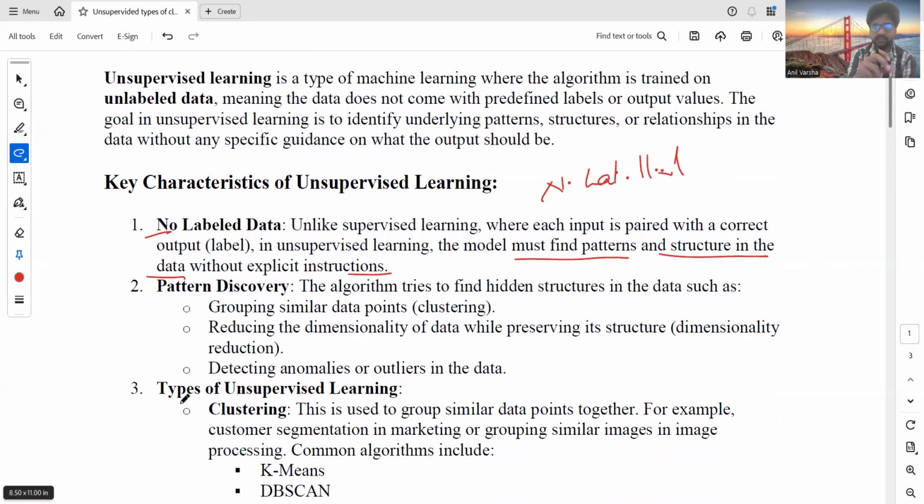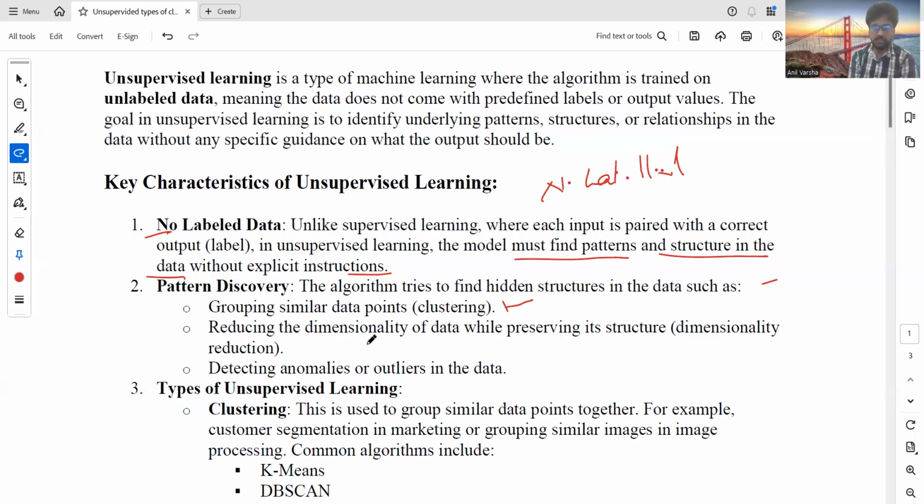The algorithm tries to find a hidden structure in the data, such as grouping similar data points. Initially, we just need to cluster. We need to identify the similar objects and group them together. For example, all those that have a tail will be grouped into animals.